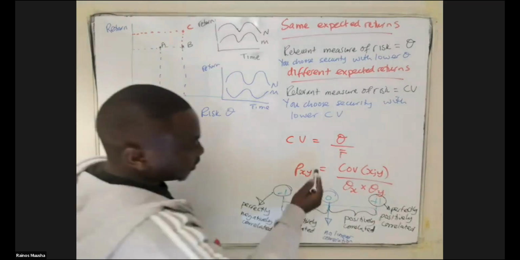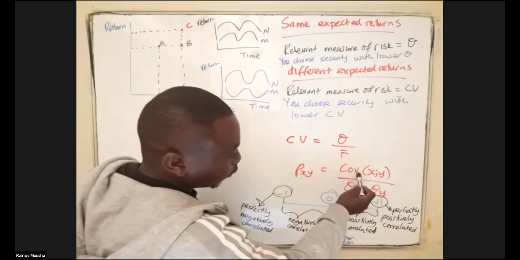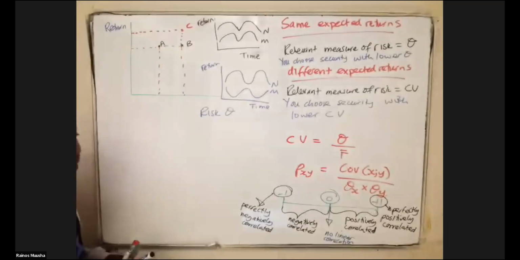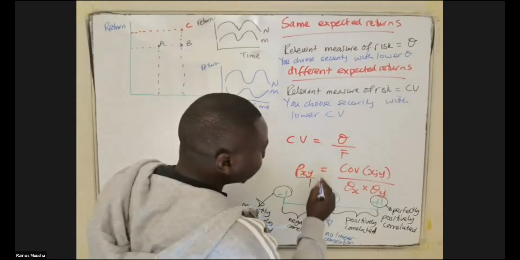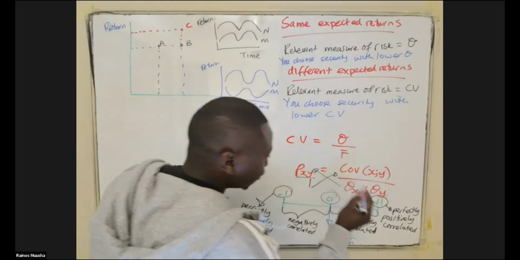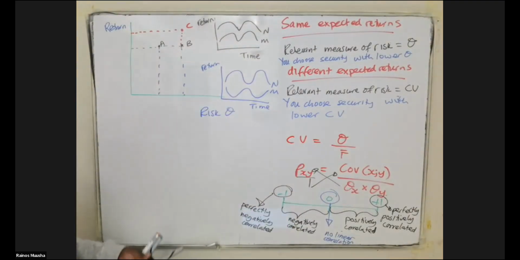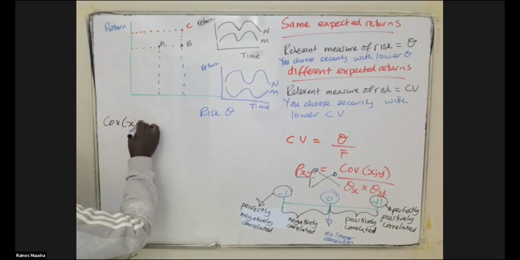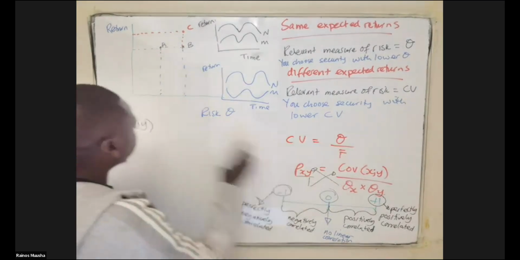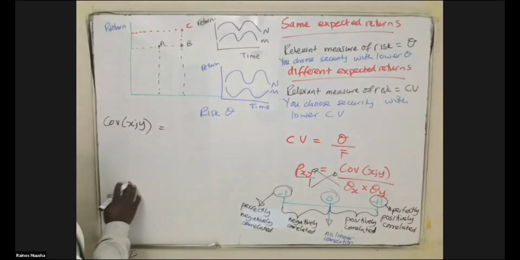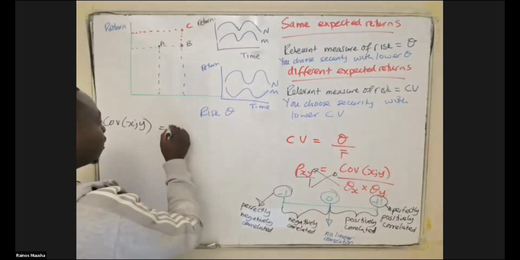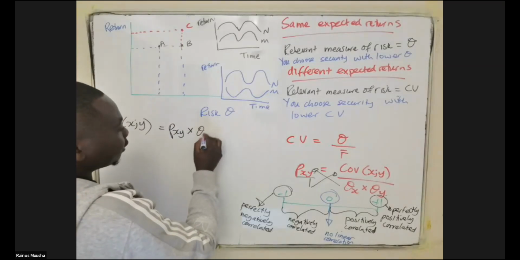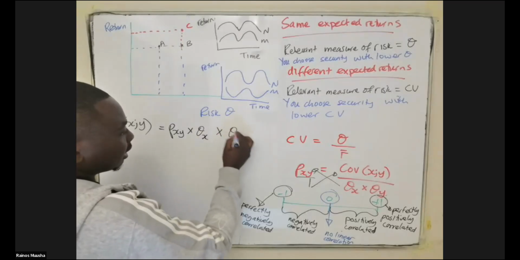Remember here, they say the correlation of X and Y is given as the covariance of X and Y divided by the standard deviation of X multiplied by the standard deviation of Y. If you do the mathematical manipulation, you can also say the covariance of X and Y is equal to the correlation coefficient of X and Y multiplied by the standard deviation of X multiplied by the standard deviation of Y.